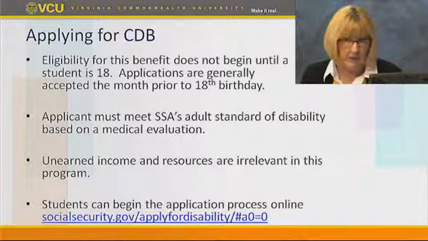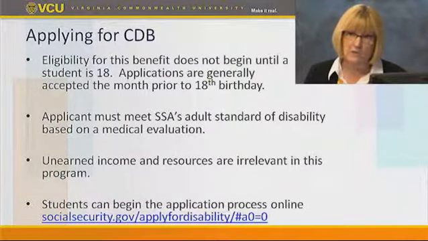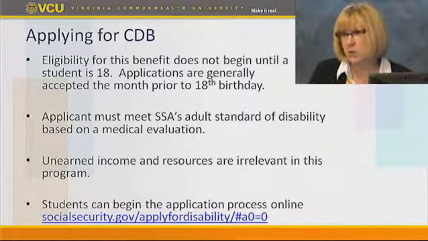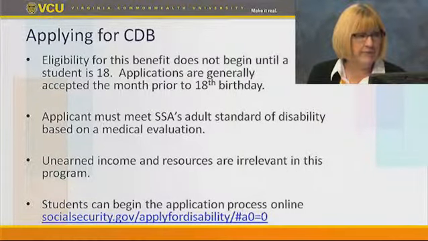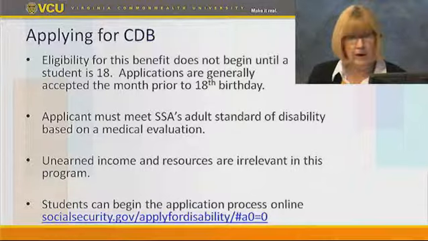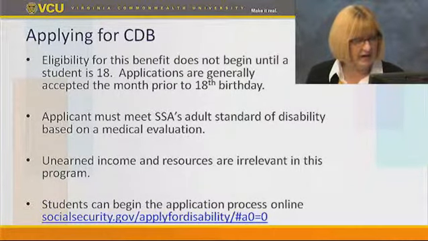You might only become eligible when you're 18. And applications at most offices are only accepted maybe the month before you turn 18 or that month that you turn 18. They use the adult standard of disability.